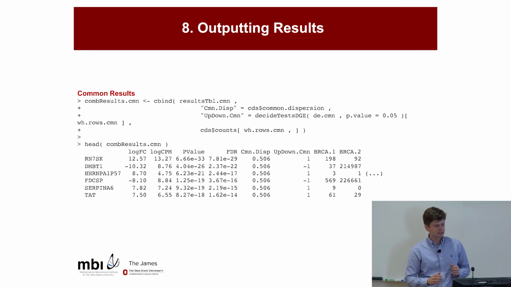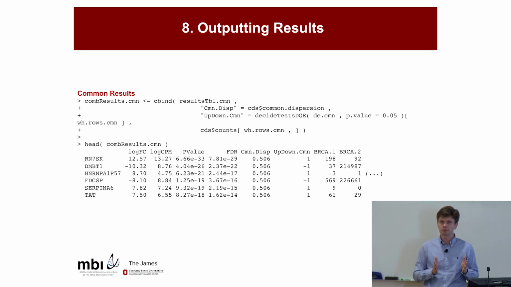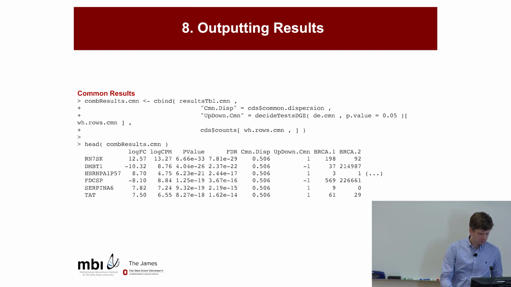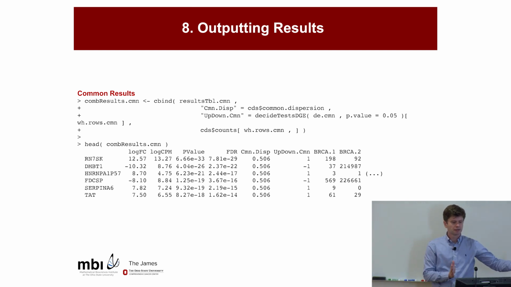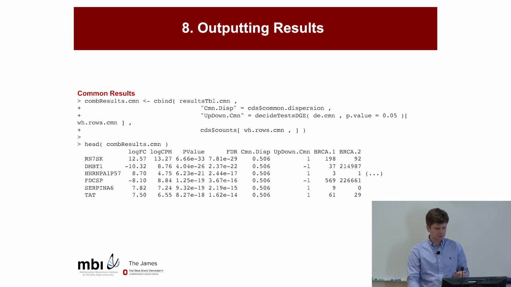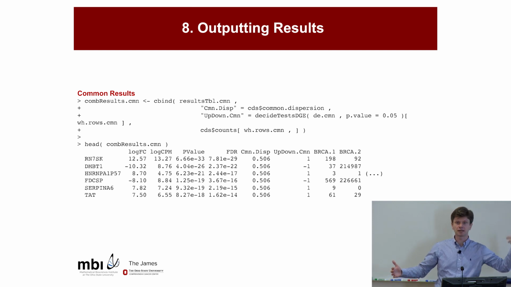And combine the results using the function cbind, which basically binds the columns of R objects. And here we would bind together first the result table and the information about tagwise dispersion for each gene, and the information whether it was up or down regulated, plus the read count table at the end, all sorted by the result row names, which would give you the genes sorted by p-value or FDR in this case.